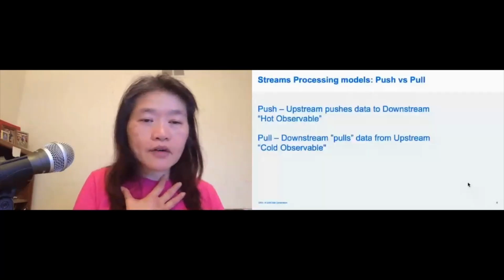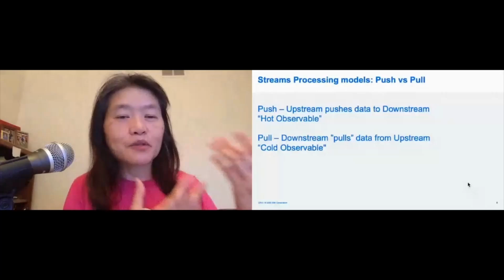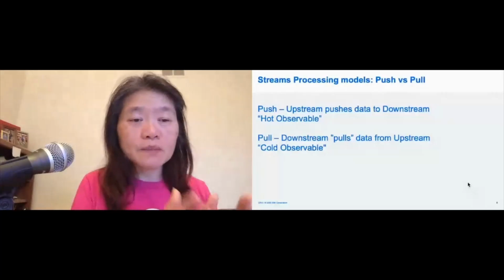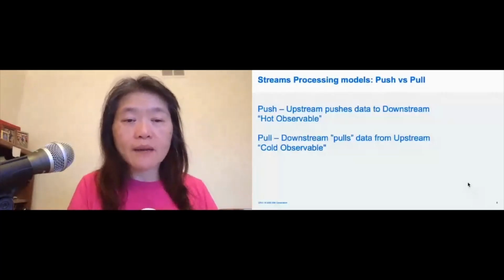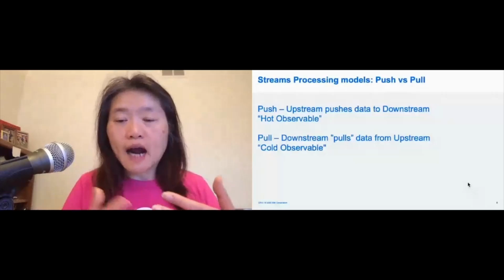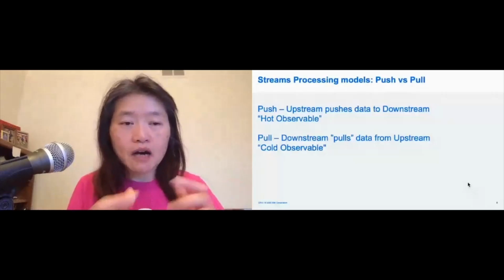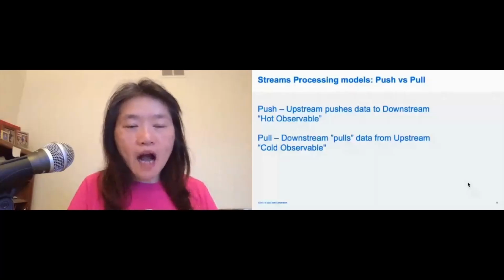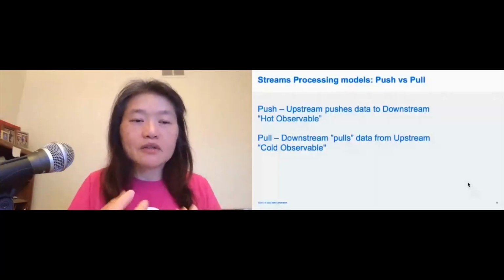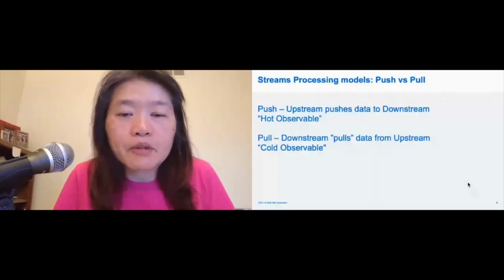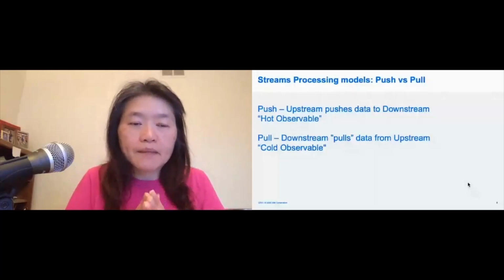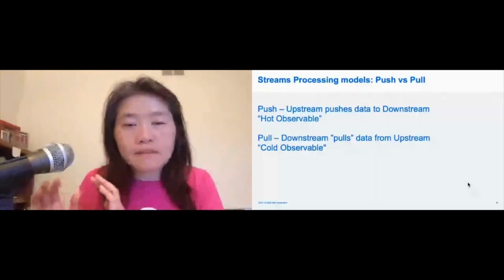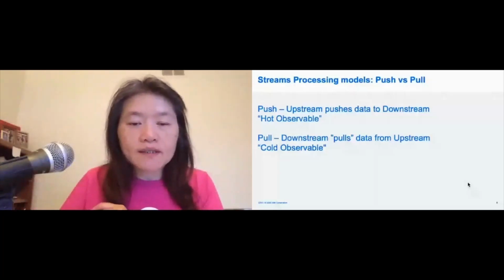Well, there are push streams, and push streams are often described, especially in RxJava, the Reactive Extensions world, as a hot observable. By hot, I mean that if data comes, it gets pushed to downstream, and it's not really concerned with what's downstream.